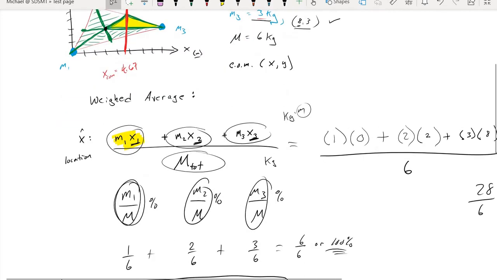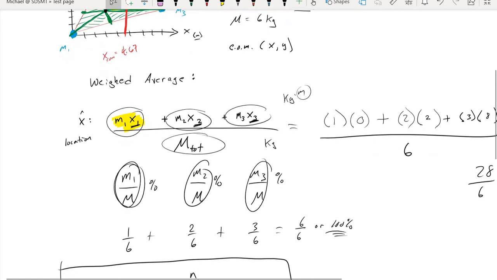We're going to go back and we're going to do the same thing for the y-axis. Now for the y-axis, this is fairly straightforward because we've already done all of the arguing. Just because we're on the y-axis doesn't mean that the math is going to behave any different.